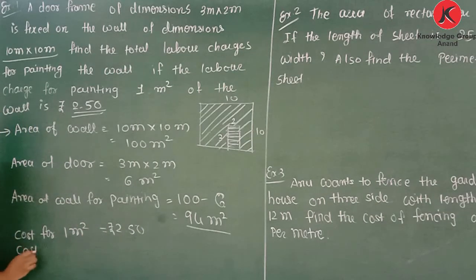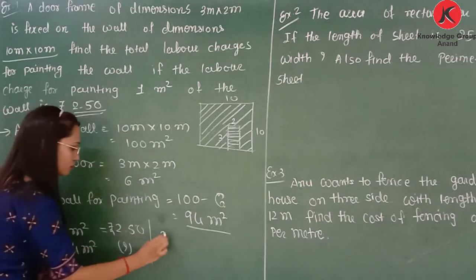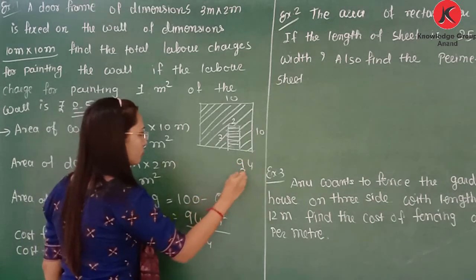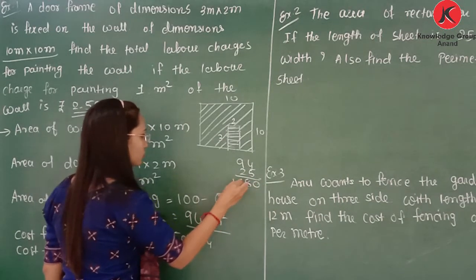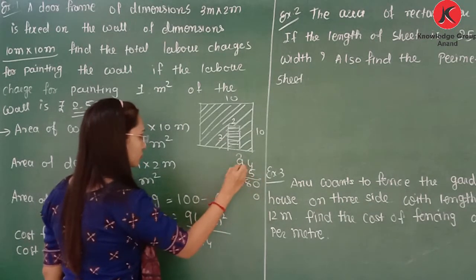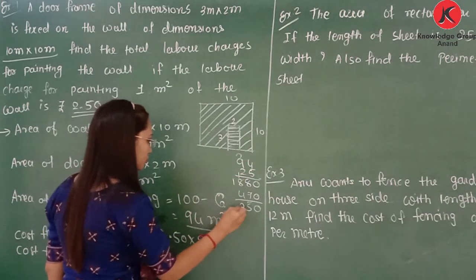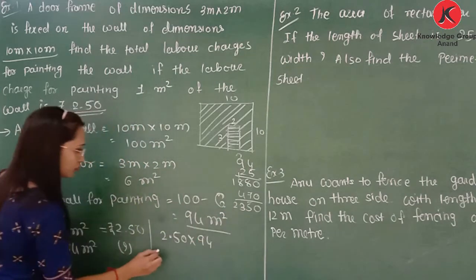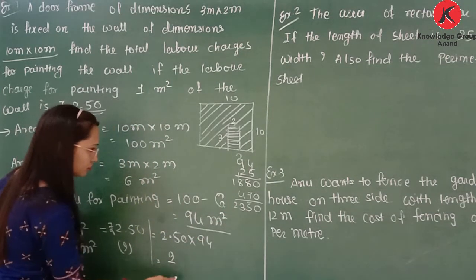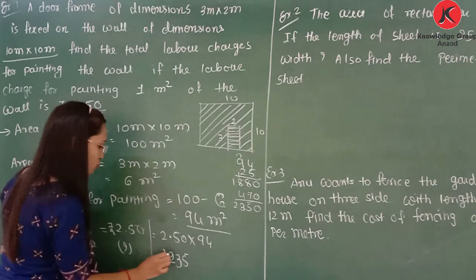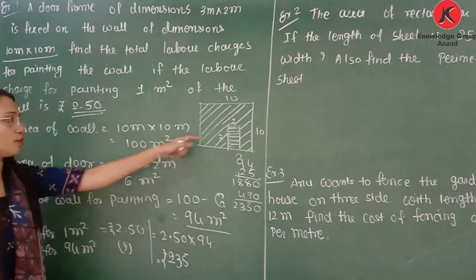So the cost for 94 meter square is how much? Multiply 2.5 with 94. So the cost is 235 rupees to paint this wall.